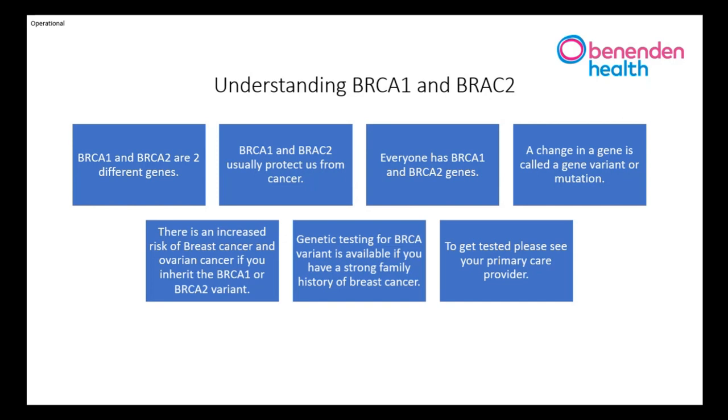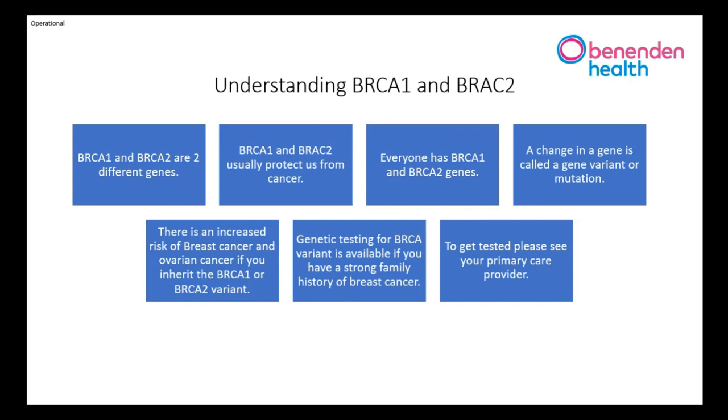Not everyone with a BRCA1 or BRCA2 variant will have a history of cancer in the family, but a gene variant is more likely if there's a pattern of cancer in the family. So you can actually get genetic counselling for this, and you have to fit a criteria.